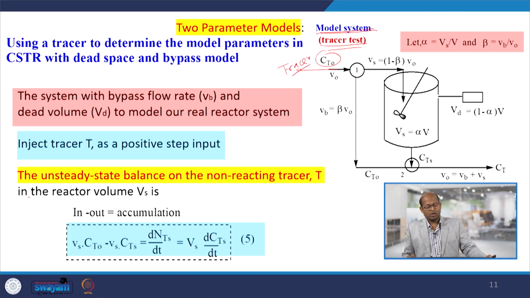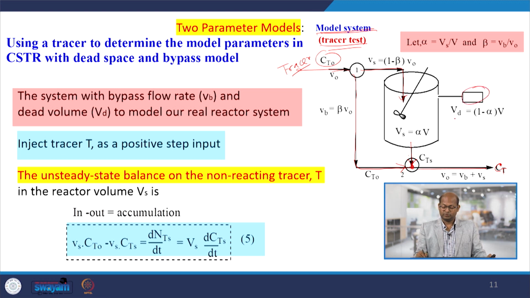Now once tracer is passing through our model system, some tracer will pass through the system and some will bypass, and it would be mixed at junction 2, and then we get the outlet tracer concentration.